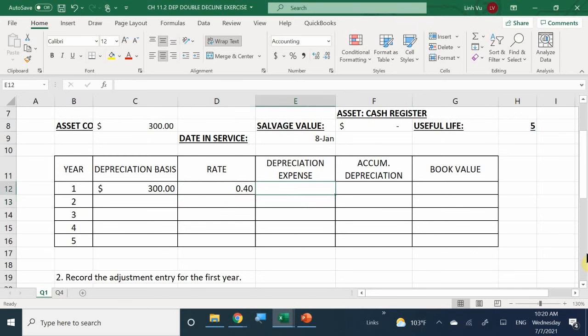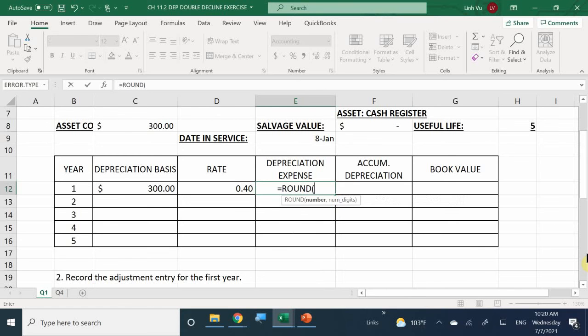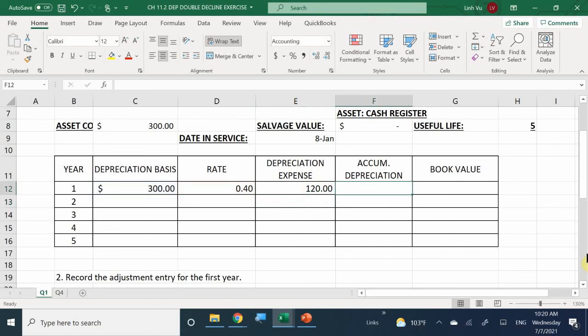So my first year's depreciation expense is going to be $120.